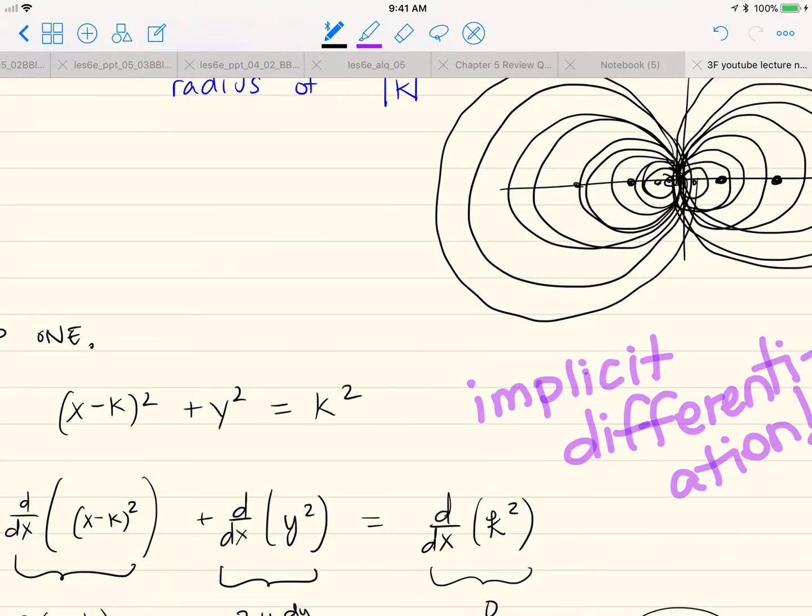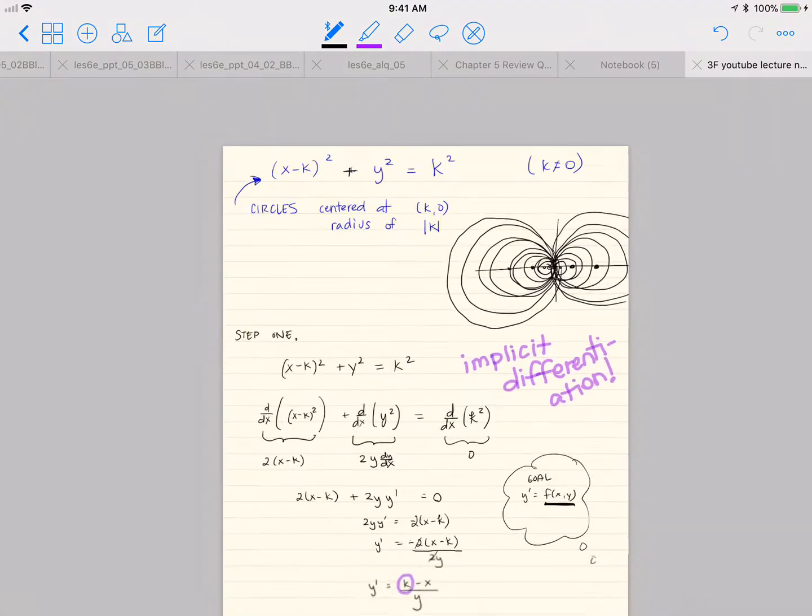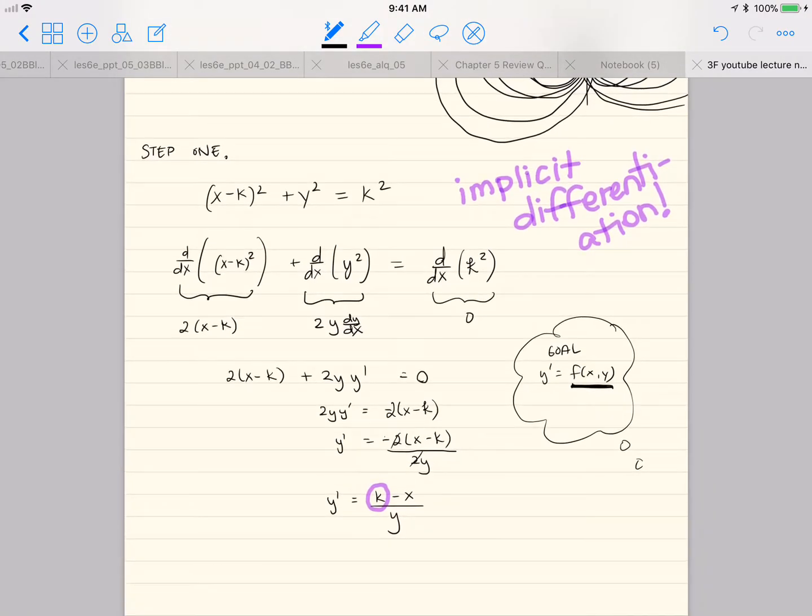I look back here and I need to say, what is k in terms of x and y? Well, let's see here. How do I find my k? I go back to my original equation. So my original equation for my circles says that (x minus k) squared plus y squared equals k squared.